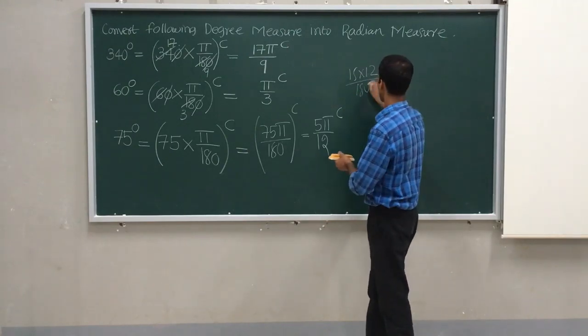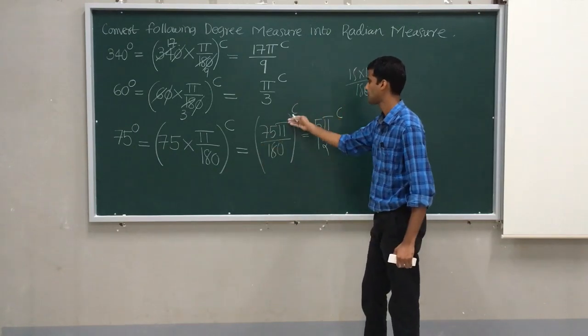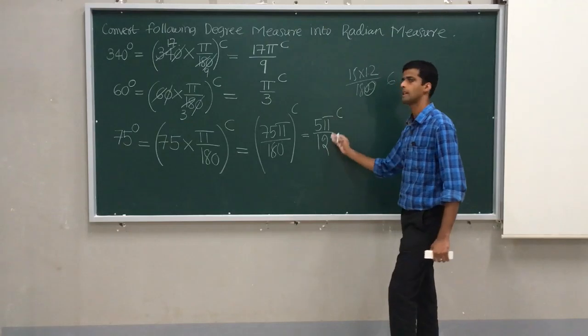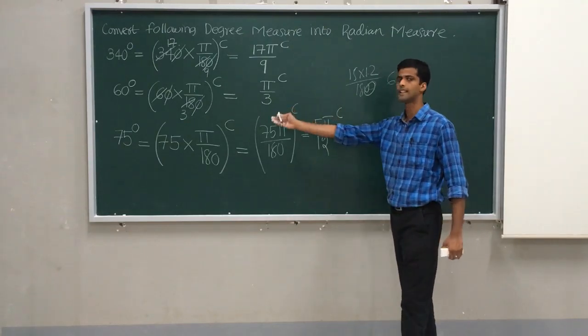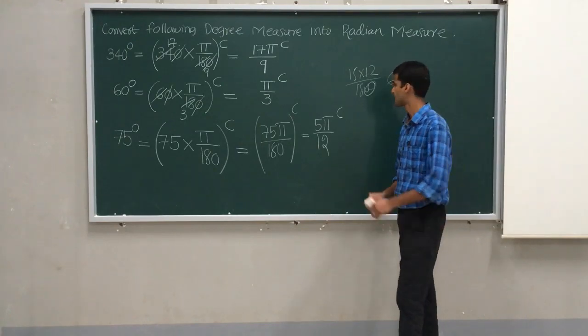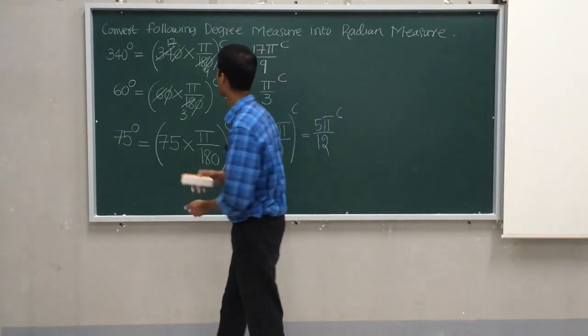Yes. Therefore, when you simplify 75 pi by 180 radian, it fetches you the answer 5 pi by 12 radian. So 75 degree is equal to 5 pi by 12 radian. Therefore, this is the confirmation from this particular problem.